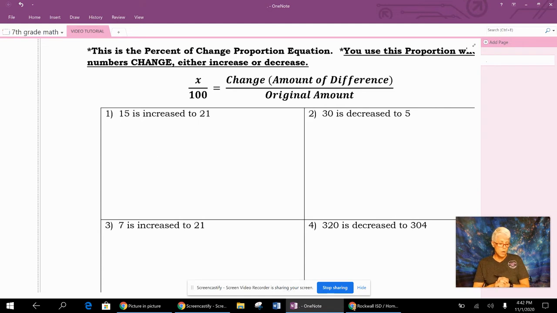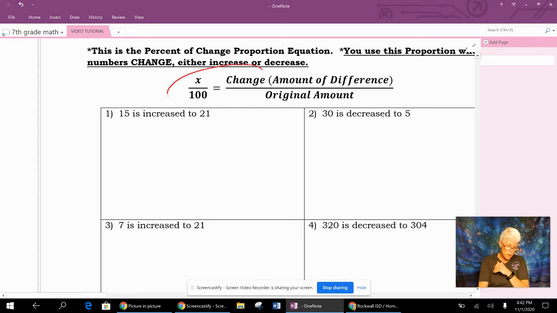Again, we're talking about percent, so we're going to be using the same format we've been using for the past few days, which is percent over 100. What we've been doing is part over whole, percent over 100, part over whole. Today, with percent change, the part over whole will change.